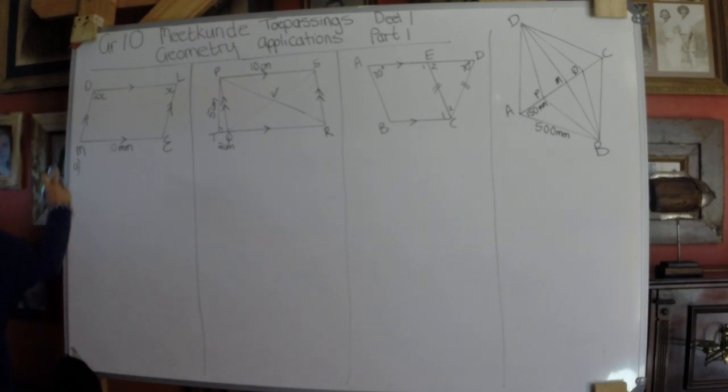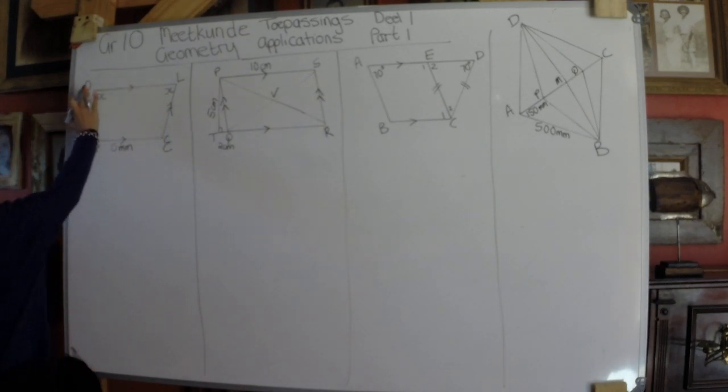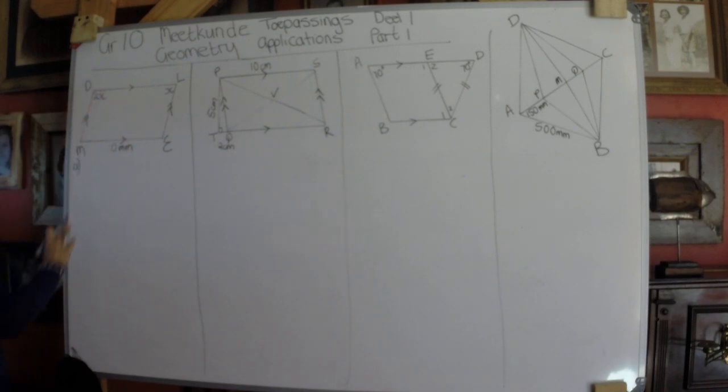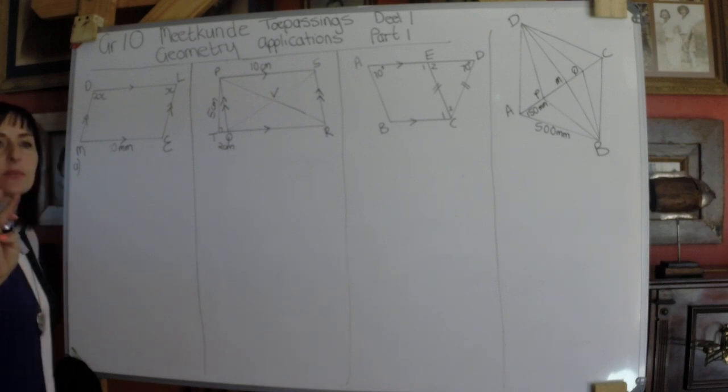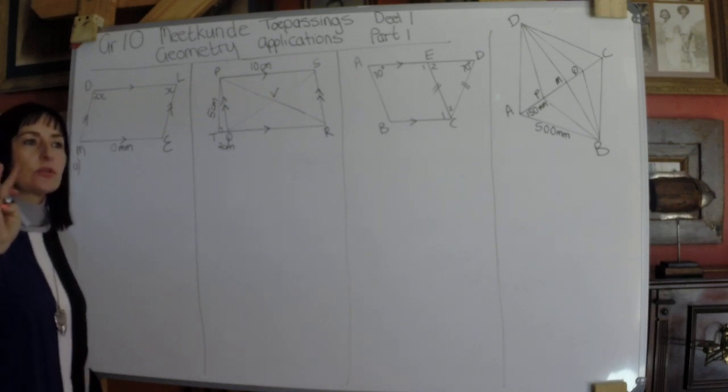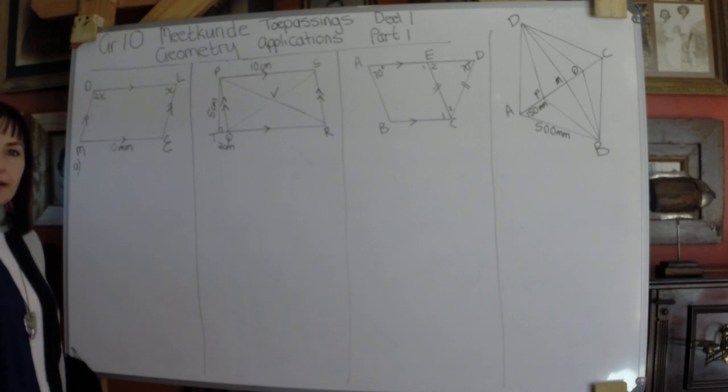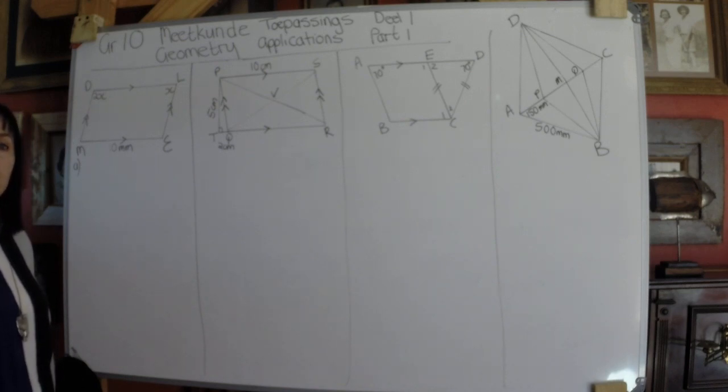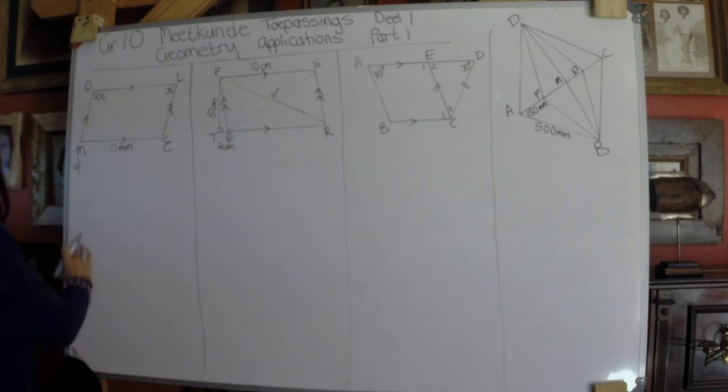Goed, omdat hierdie parallelogram se oorstaande sye ewenwydig is, kan ons die drie hoeke wat ons identifiseer by ewenwydige lyne dadelik gaan soek daar. That will be alternate angles, that will be corresponding angles and co-interior angles. 2x and x reminds me of co-interior angles.